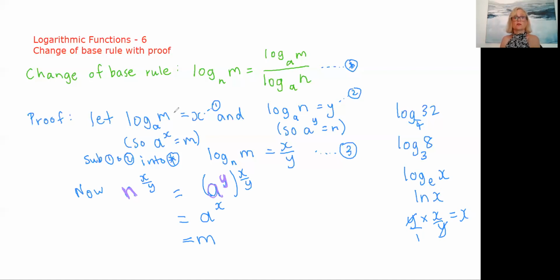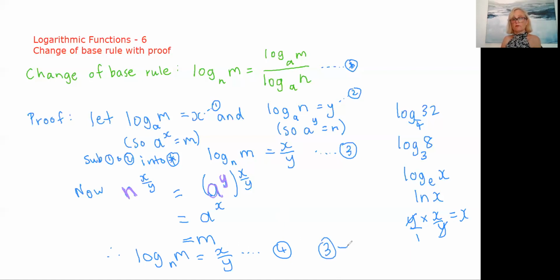We said x was log of m to base a. So we can put this information into log form. So log of m to base n is x on y, call that information 4. Well, we've proved it, haven't we?